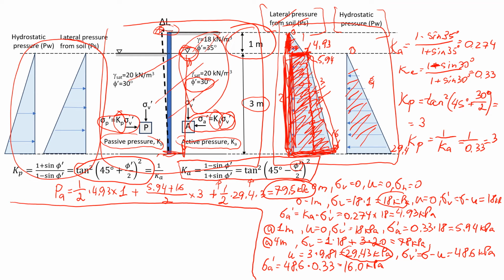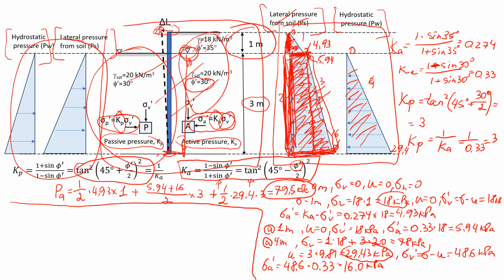We're going to look here on the left-hand side. In this case, we have only one layer. So again, we're going to estimate lateral pressure from soil, and then because the soil is below the groundwater level, we also estimate the hydrostatic pressure.